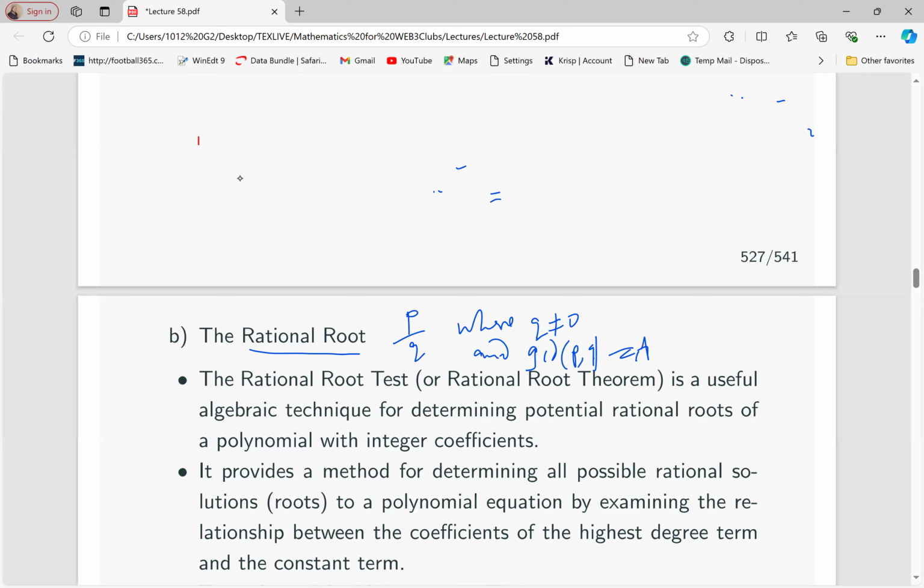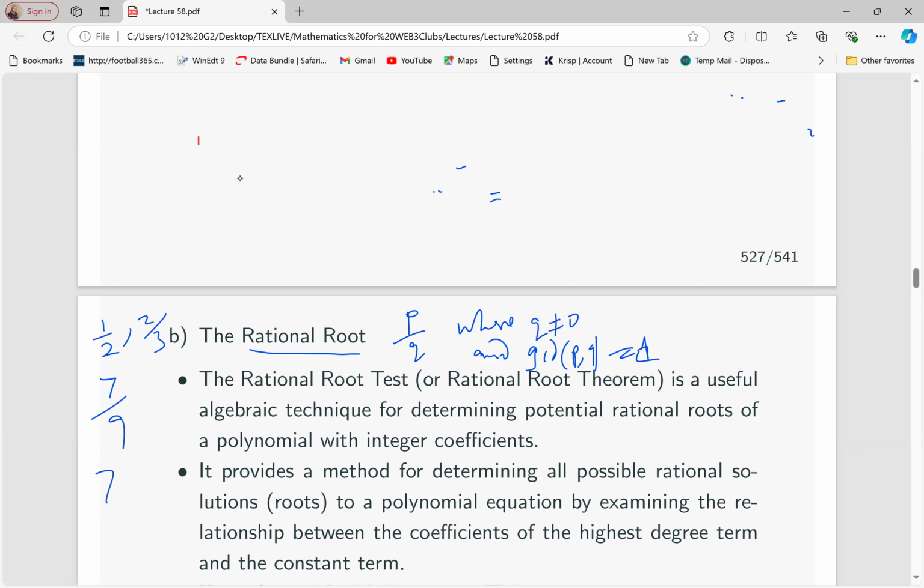That means their only common factor is 1. Examples: a half, 2 out of 3, 7 out of 9.